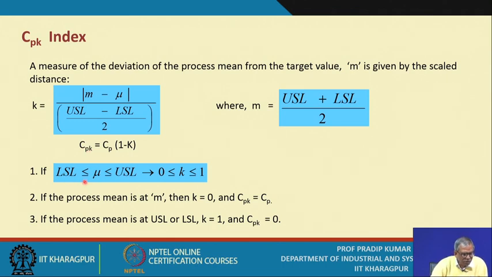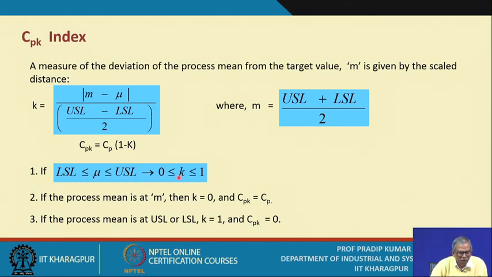Now, the first case is LSL less than or equal to mu less than or equal to USL. What you must ensure is, suppose mu is a variable. Now, mu can assume any value in this range. Is it okay? Like say, in the extreme case, mu may be equal to USL, or mu may be exactly equal to LSL. That means mu falls on LSL or on USL at that point in time.